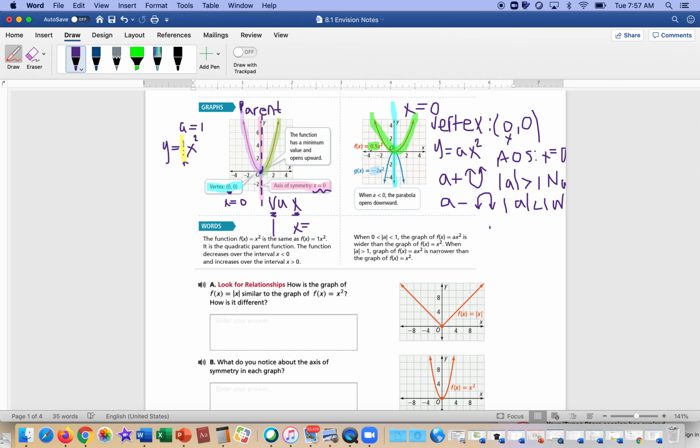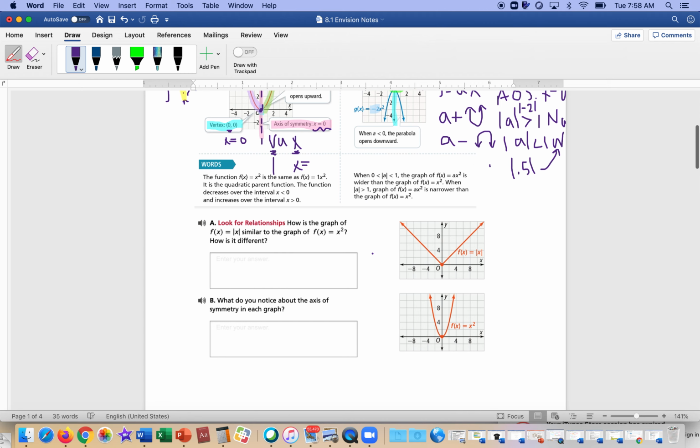The absolute value of 0.5 is 0.5, and since that's smaller than 1, it's wider than the parent because we're always comparing to 1. And for the bottom one, since the absolute value of -2 is 2, that's greater than 1, so it's going to be narrower. So it's kind of opposite of your intuition.